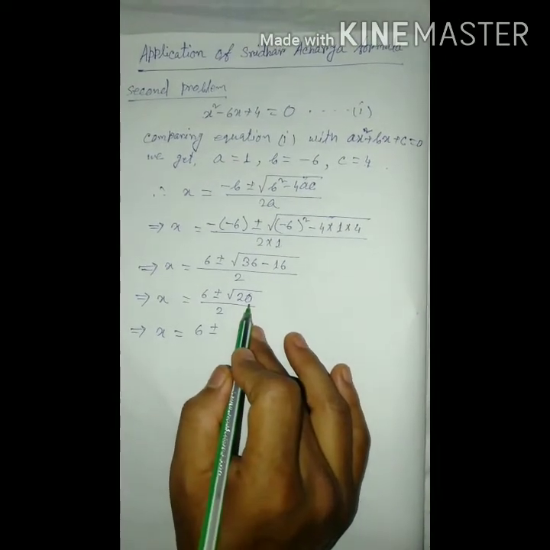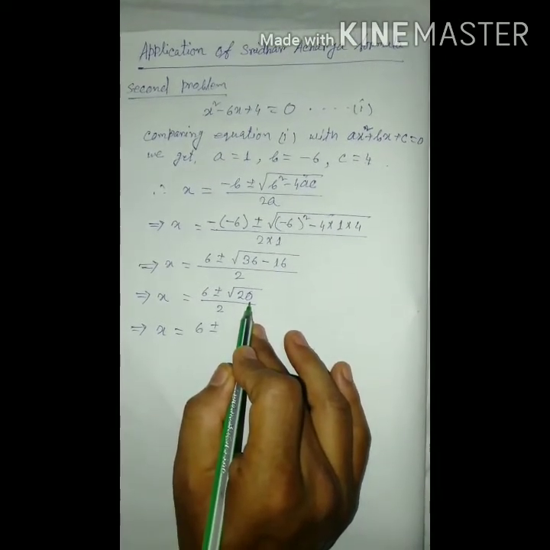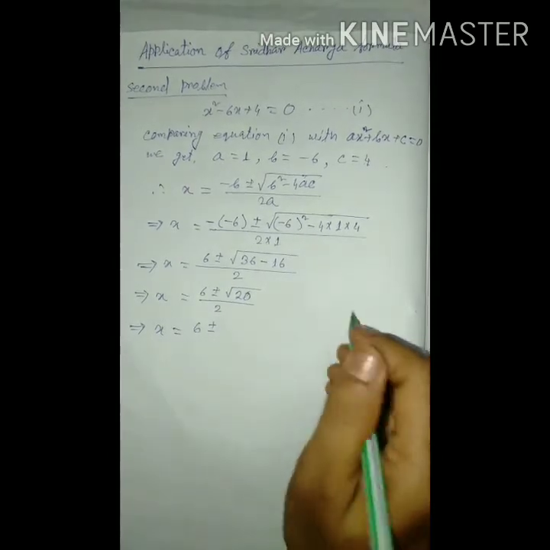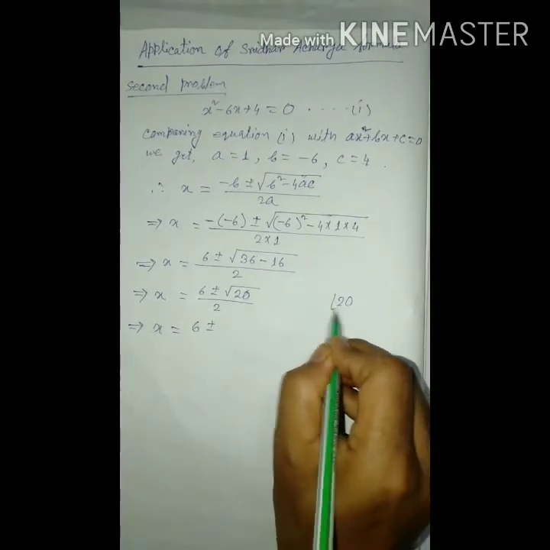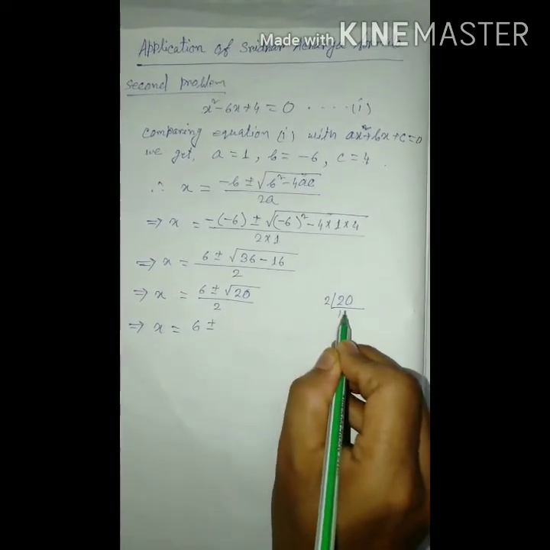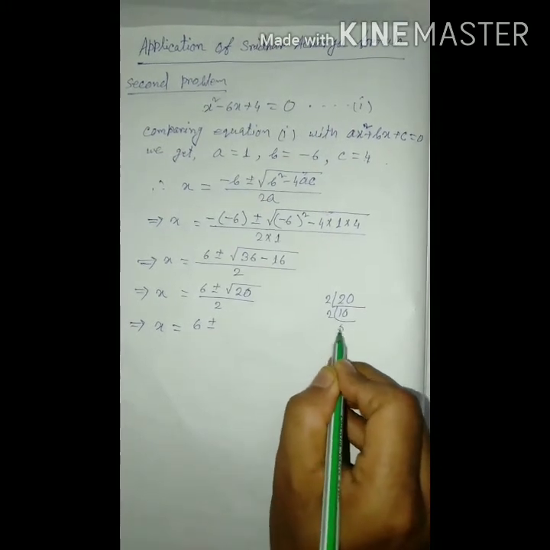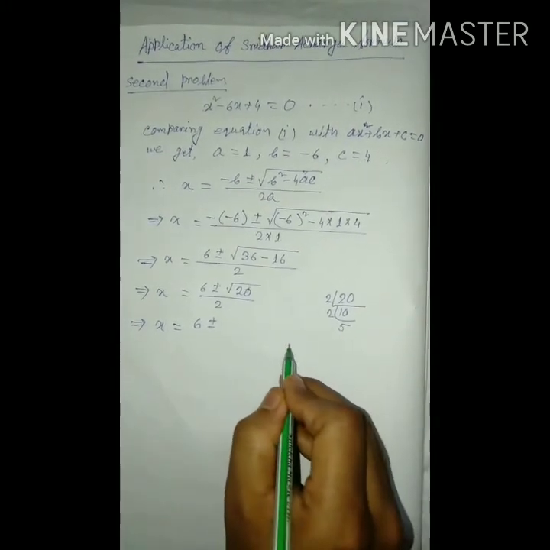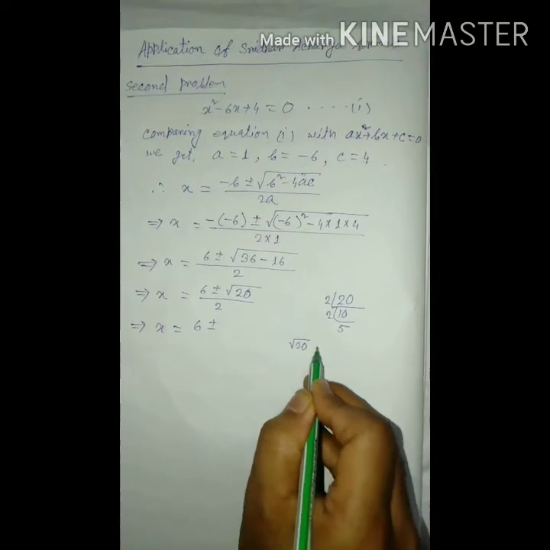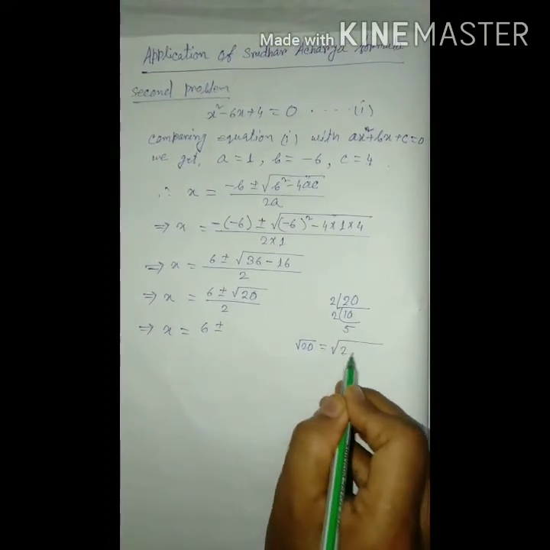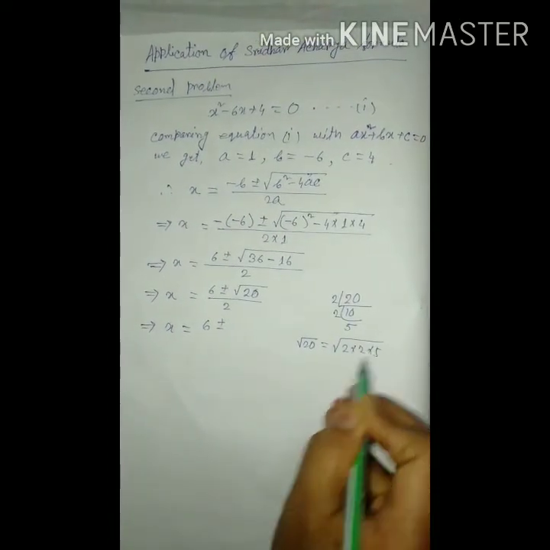Can we get the value of root 20? Factorize 20 to 10 to 5. That is, root 20 is equal to root 2 into 2 into 5.